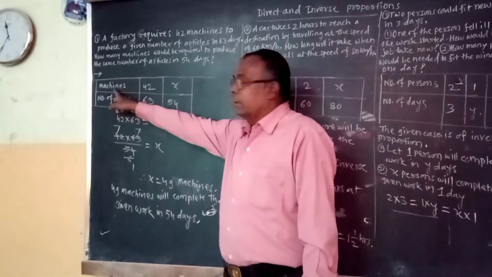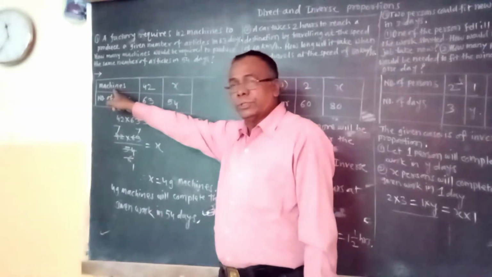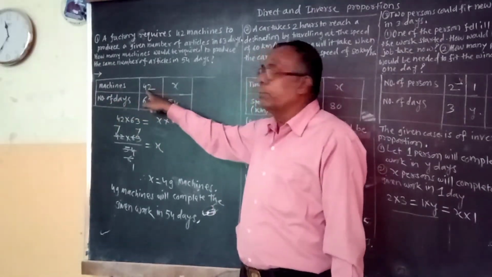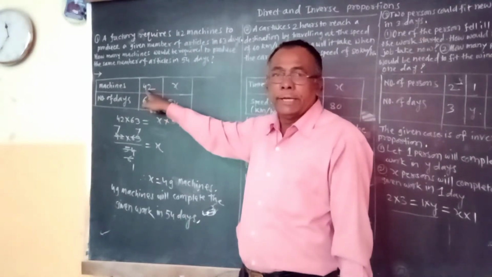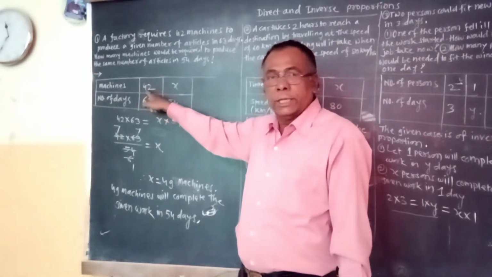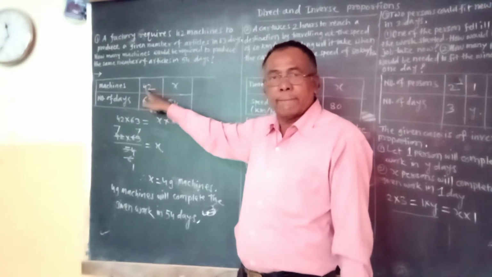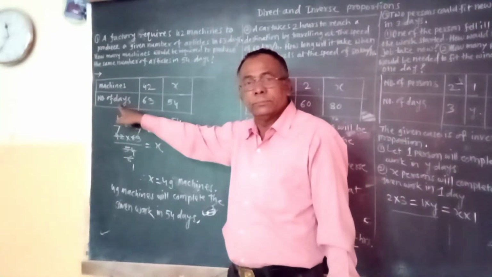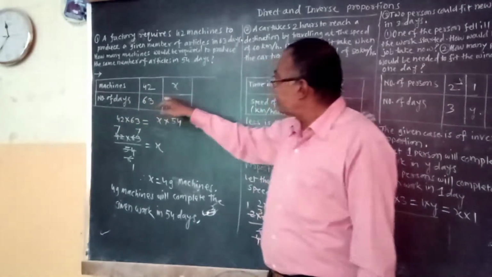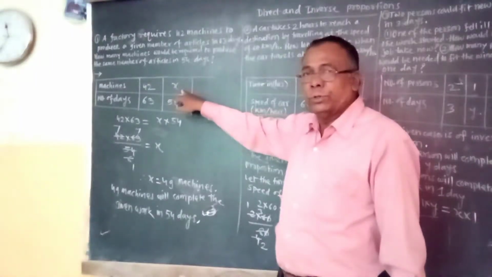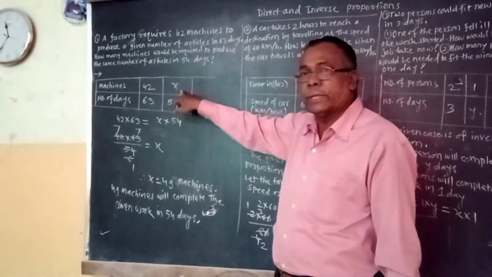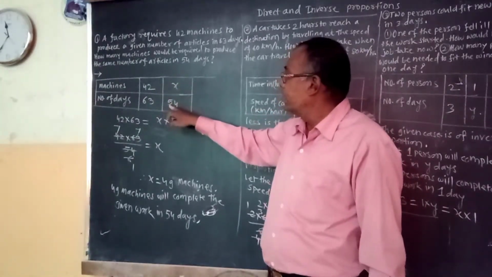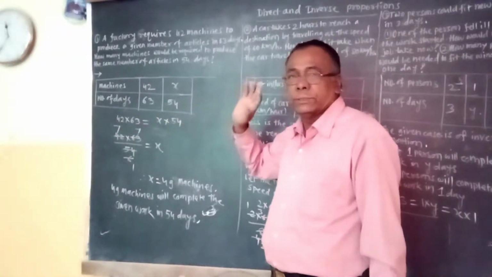Here in the first column machines, in the second number of days. Here 42 machines are completing the given work in 63 days. And just now I told you that we don't know the number of machines, so we have assumed that X machines will complete the given job in 54 days.